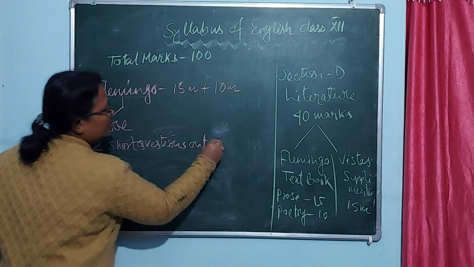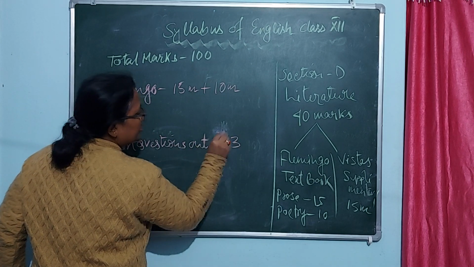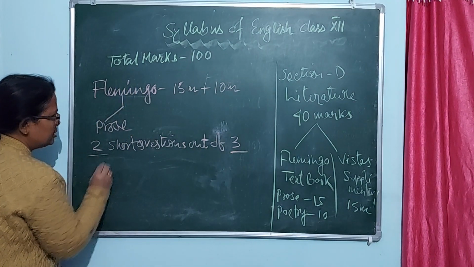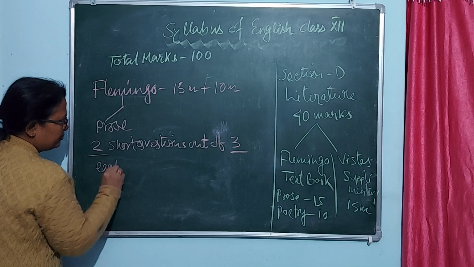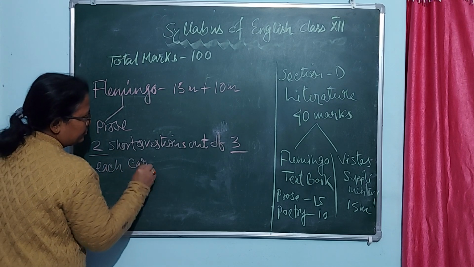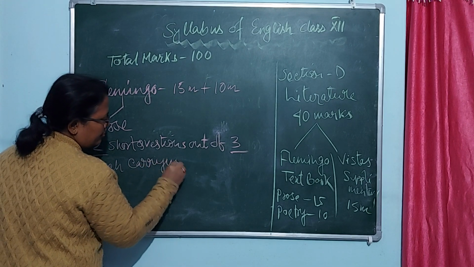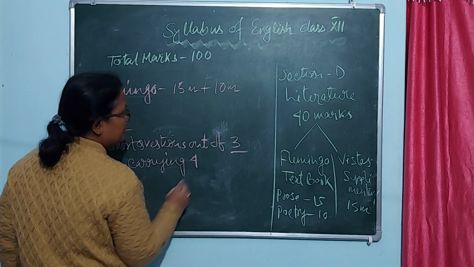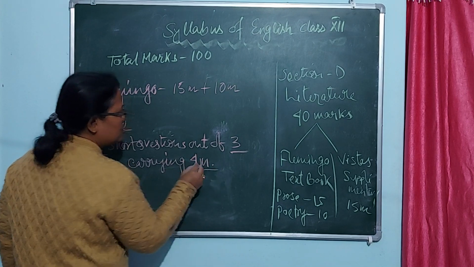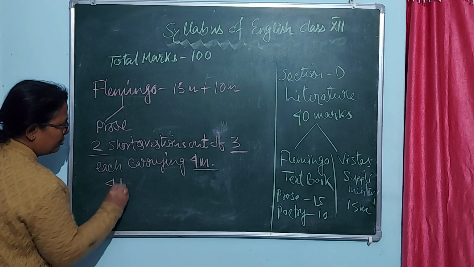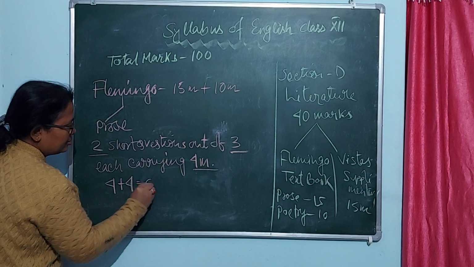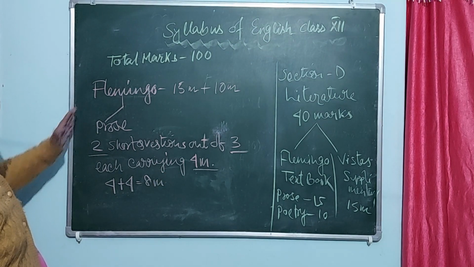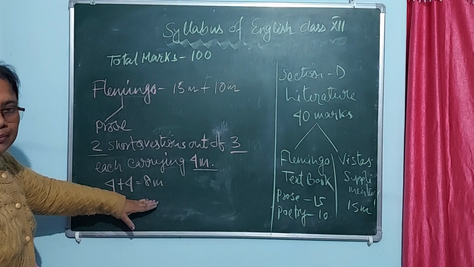Out of 3, 3 questions will be given to you. We have to answer 2 questions, each carrying how many marks? 4 marks. So 4 plus 4, 8 marks are there. So from prose, short questions, 8 marks.